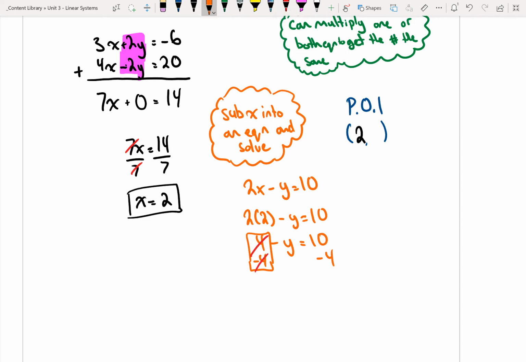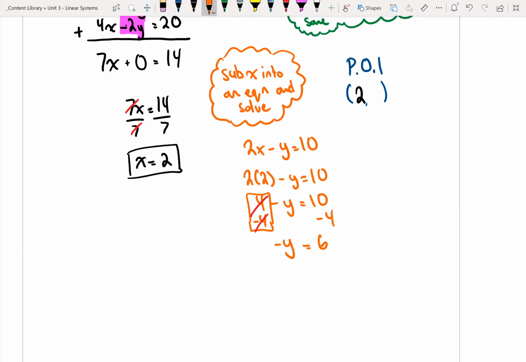One side cancels out. I'm left with negative y equals 6. To get y by itself, because the negative does not count as being by itself, I need to divide by -1. That cancels out on one side, and I get y equals -6.